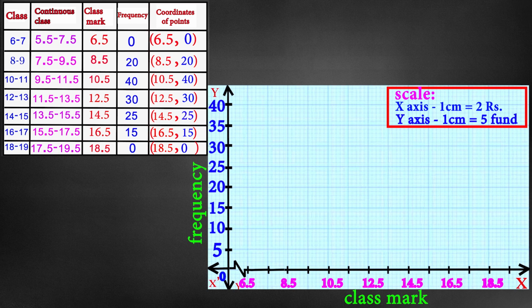As first coordinate is (6.5, 0), that is 6.5 distance on x-axis and 0 distance on y. That means this point will be plotted on x-axis. The second point is (8.5, 20). That means find opposite point from distance 8.5 on x-axis to distance 20 on y-axis and plot it.